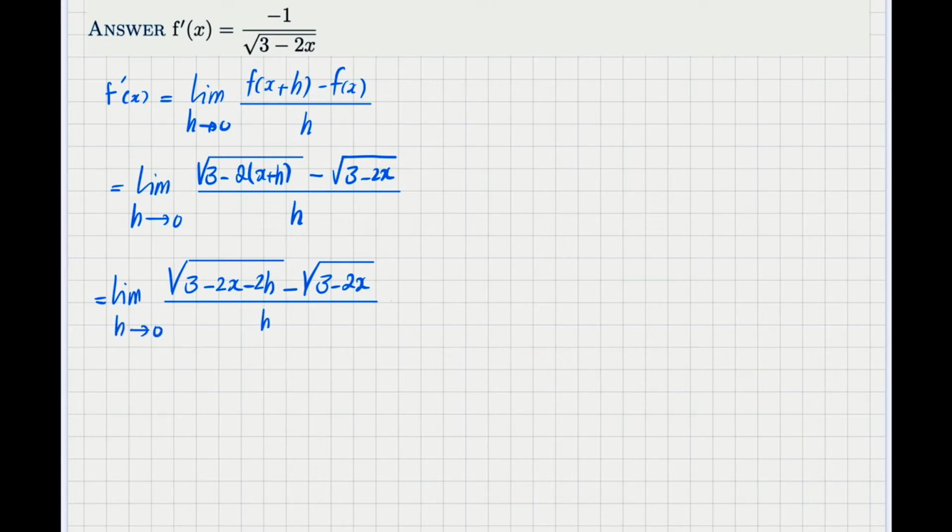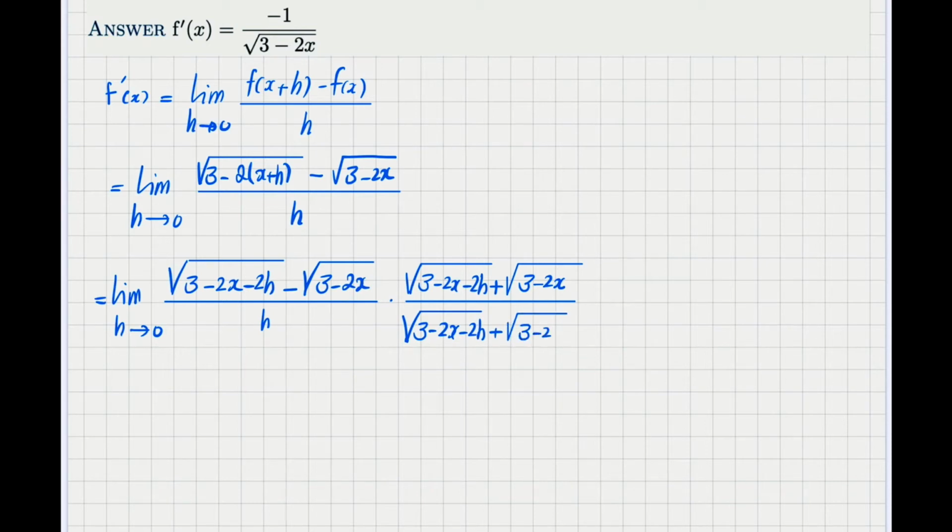But what I do is rescale this with the conjugate of the numerator. So this becomes the square root of 3 minus 2x minus 2h plus the square root of 3 minus 2x. And then I will divide by the same expression because I don't want to change the fraction.